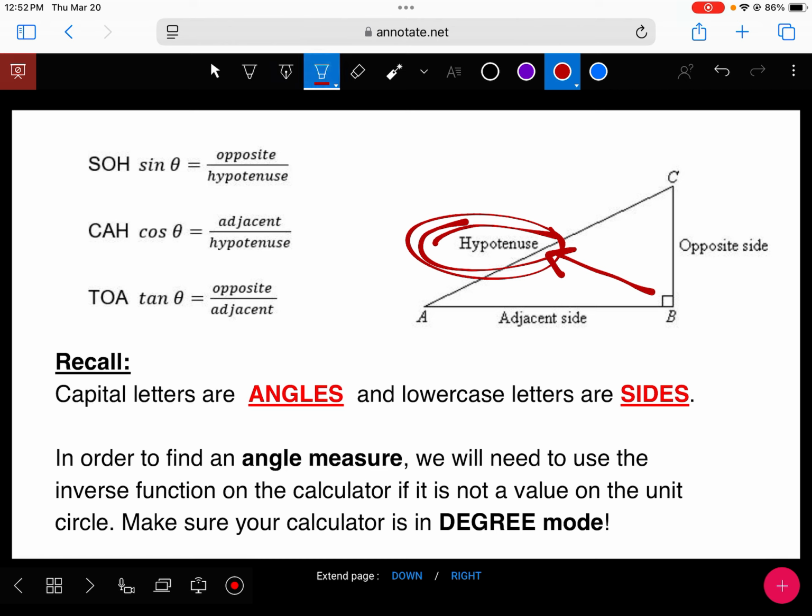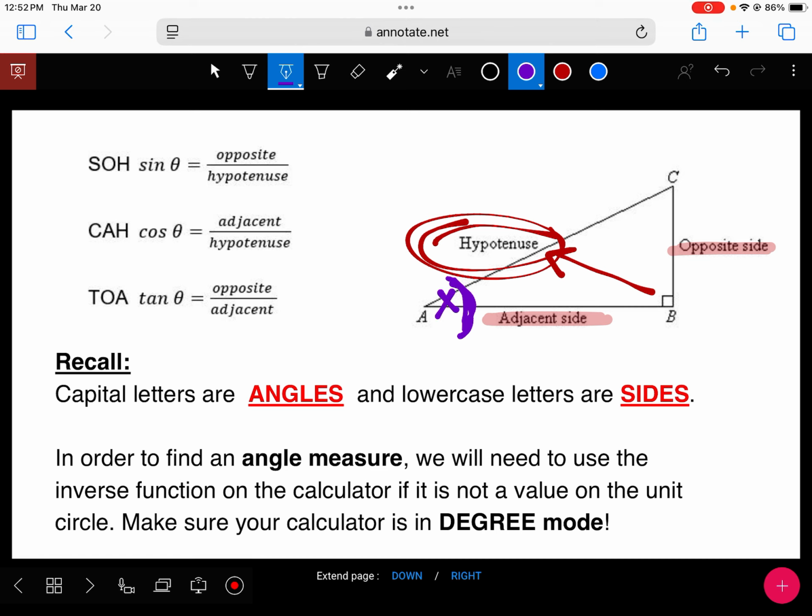But adjacent and opposite do change depending upon what angle you're talking about. In this example, we're referencing angle A. So let's go ahead and put a little X right there.